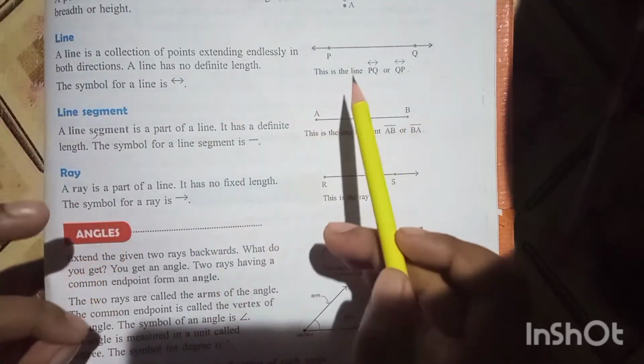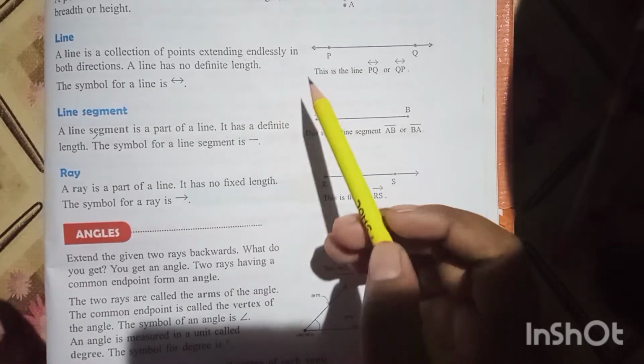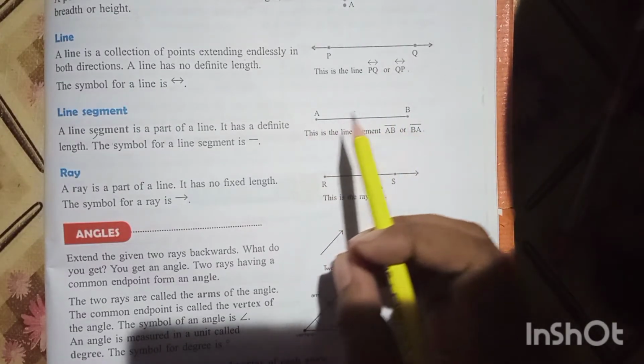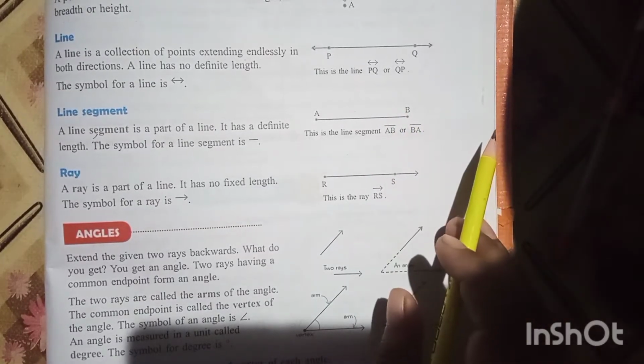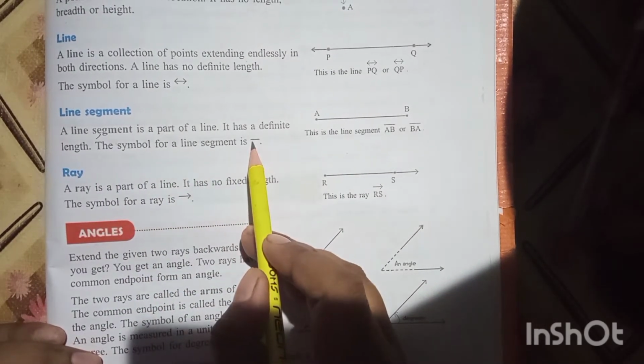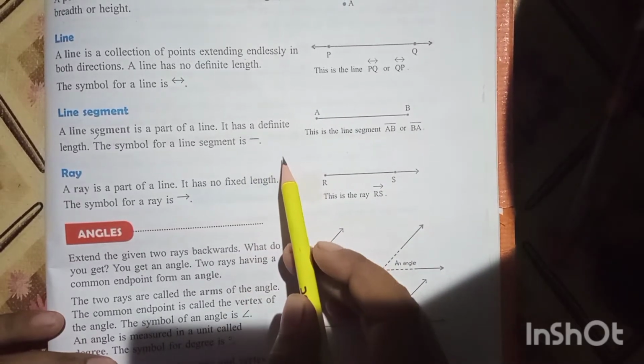It can extend endlessly. As much as you want to make it long, it will be long. But a line segment has definite length. The symbol of line segment is this one, without any arrow, just a simple line.